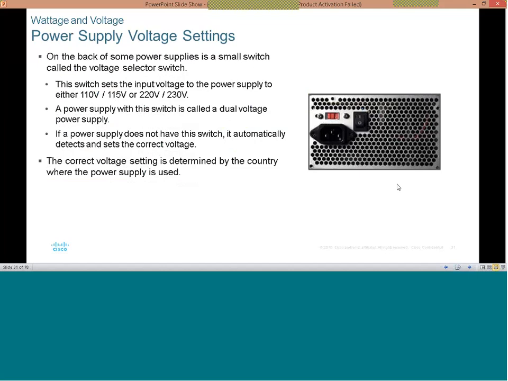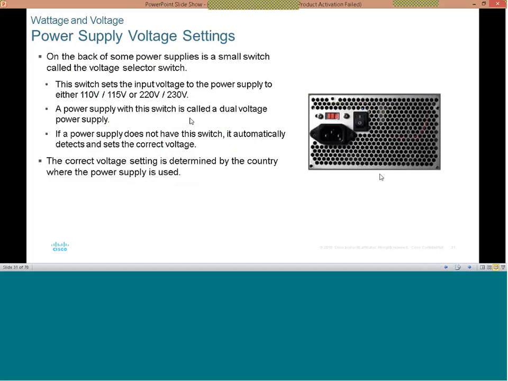the output of power. Power supply voltage settings: on the back of some power supplies is a small switch. We also talked about this in the first class. This switch sets the input voltage to the power supply to either 110 volts or 115, or 220 volts or 230 volts.